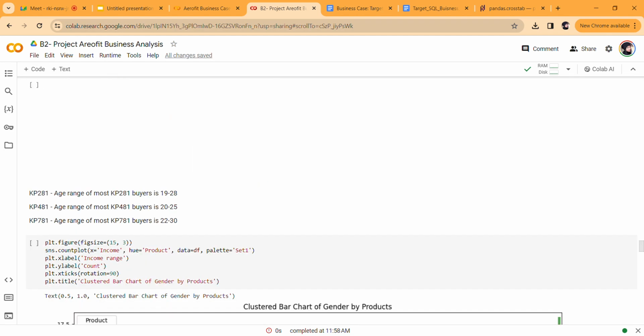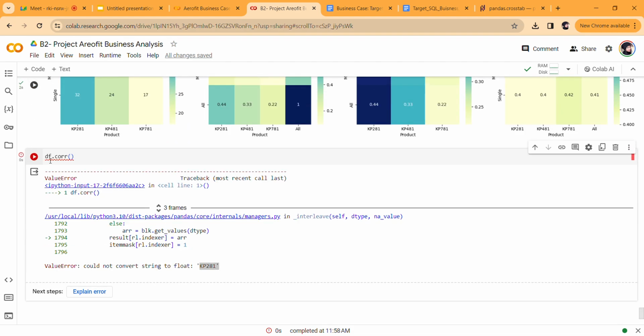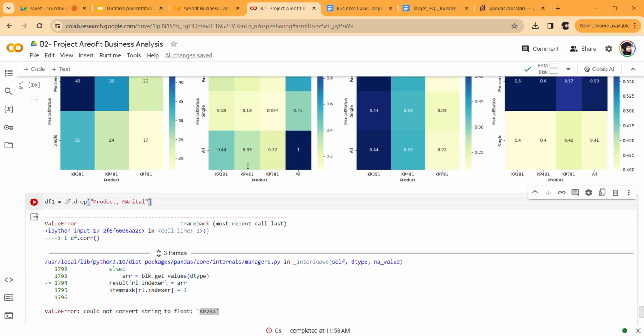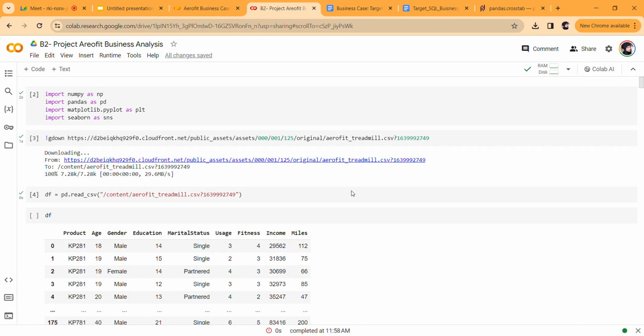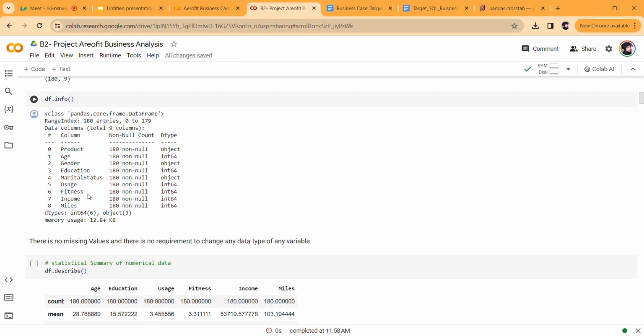Three, right? Wait a sec. df1 is equal to df.drop, product, marital status, and which one? Gender. I need to check the exact column names.